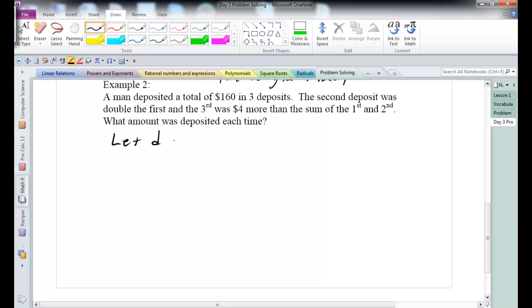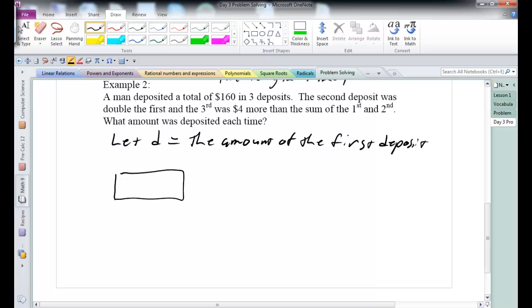Let D equal the amount of the first deposit, and then we can make a little chart. So we've got 3 deposits. And we've got D, and then the second deposit was double the first. Okay, so that would be something like 2D. And the third was $4 more than the sum of the first and the second.